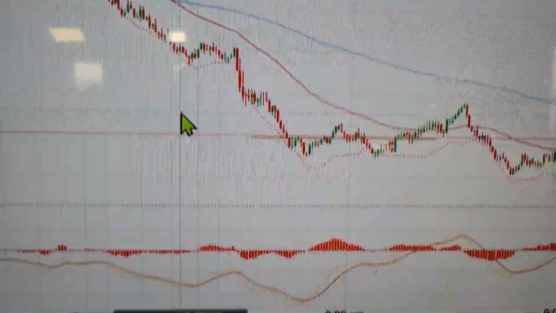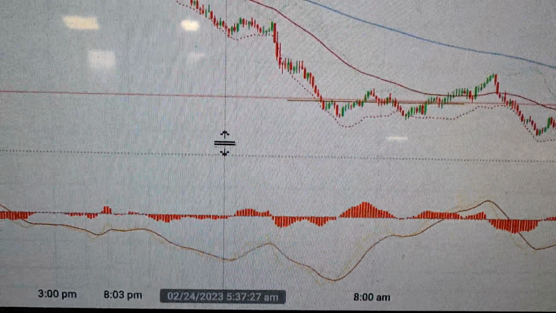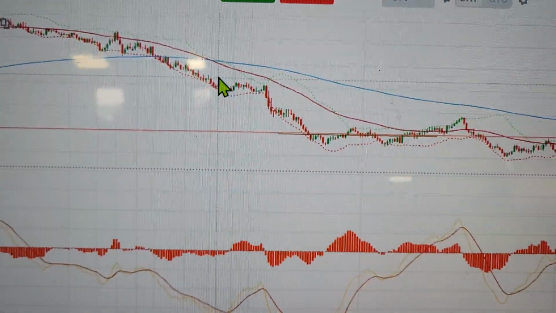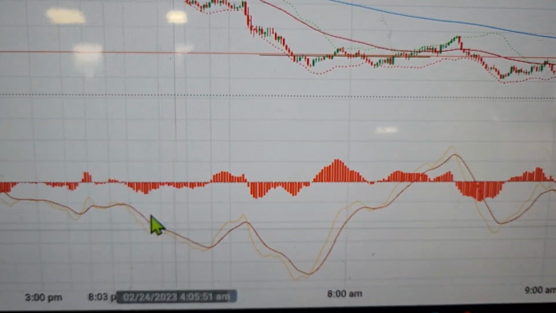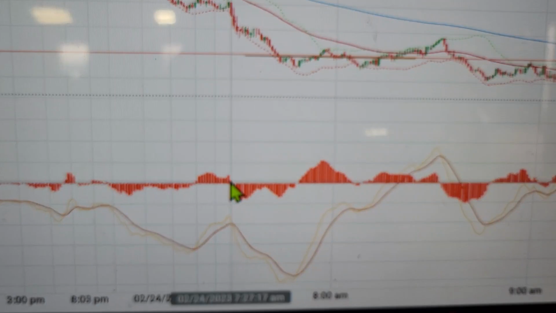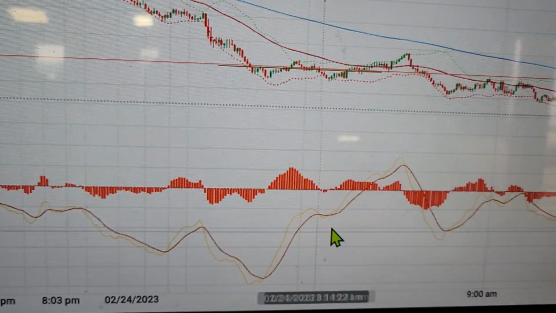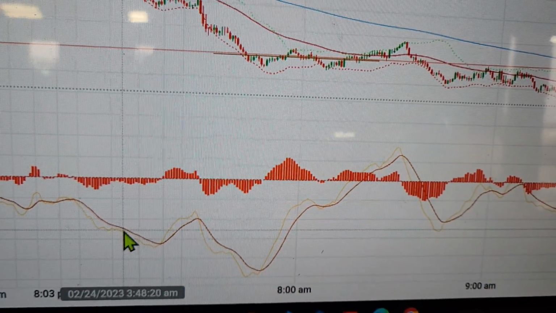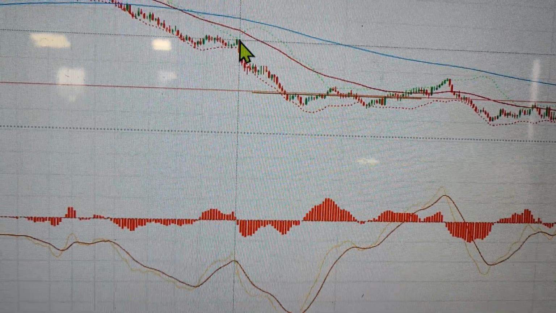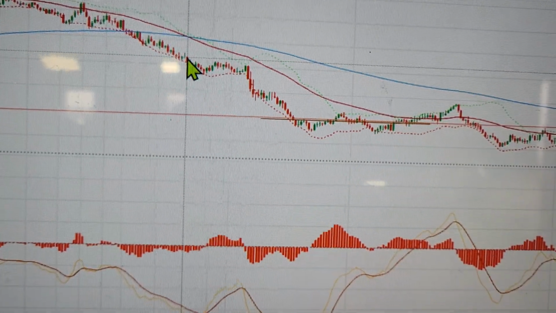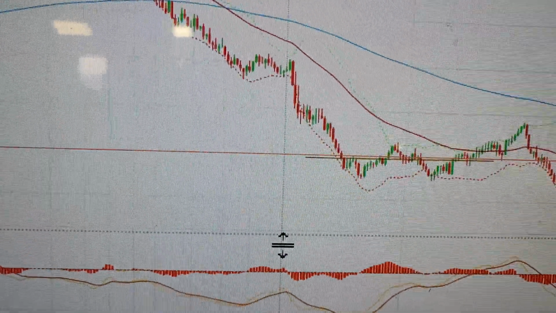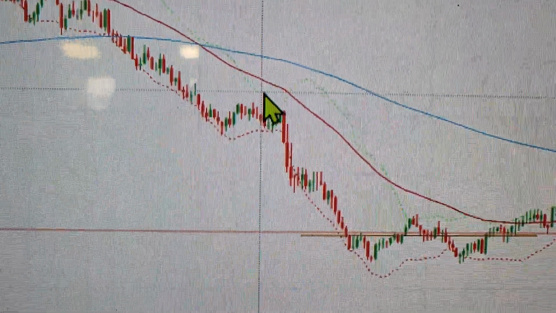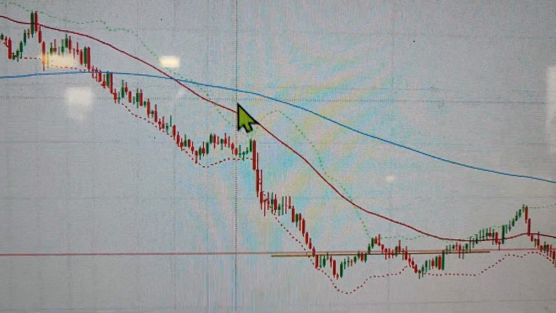Along with my MACD, if we look here and here, we're clearly below this level right here. This is going to go up and down regardless of an uptrend or downtrend. That's just how these fluctuations happen. But my main thing is going to be this 200 over the 50.